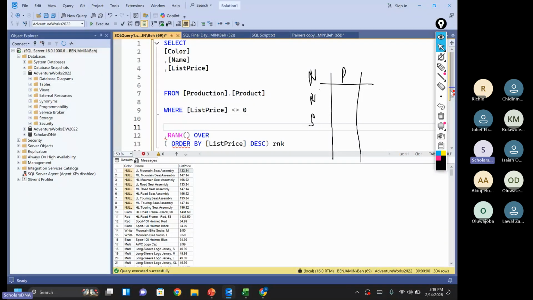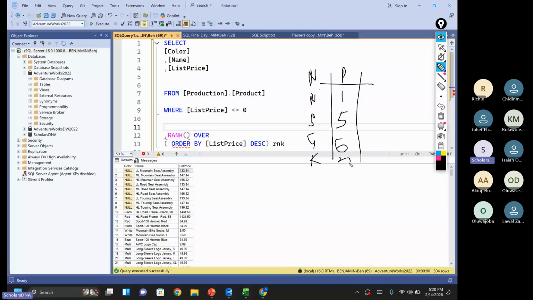Okay, so let's say I have Nigeria, Spain, another country, Ghana, another country, Korea. Let's just imagine we have this, and we have 1, 5, 6, and 3.